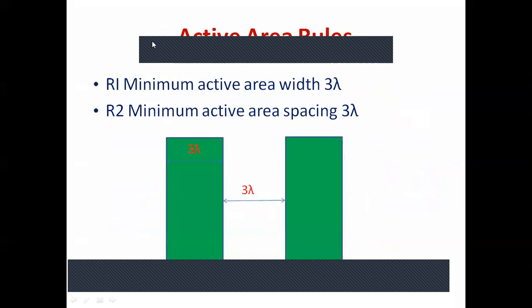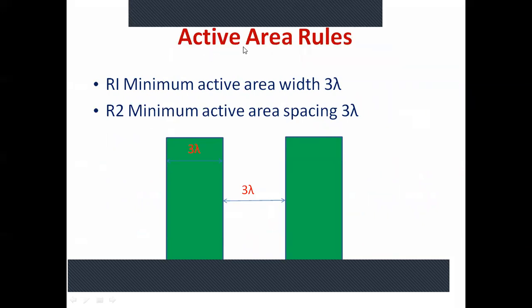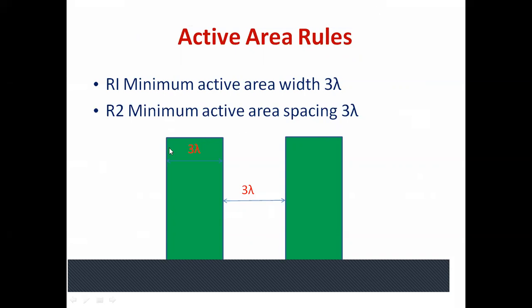The first constraint of lambda rules is the active area mask. You can see here, these are active area masks. You might have seen the active area mask while fabricating an NMOS transistor as well as a PMOS transistor. There is rule R1; R1 stands for the first rule and R2 for the second rule.